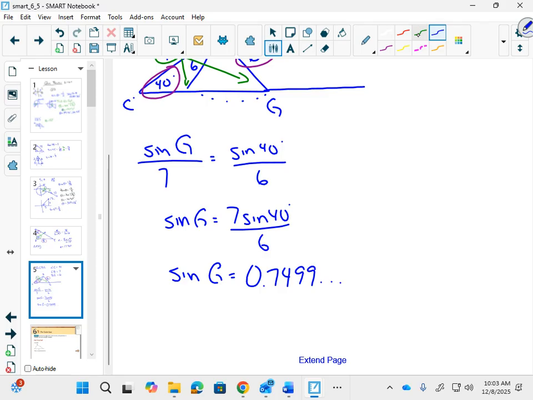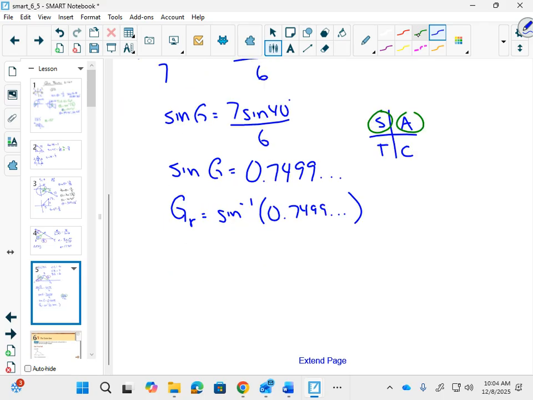It's positive, so according to my CAST rule, it could be in quadrant 1 or quadrant 2. I find my reference angle by doing sine inverse. My reference angle for G would be sine inverse of this number. My reference angle is 48.583.